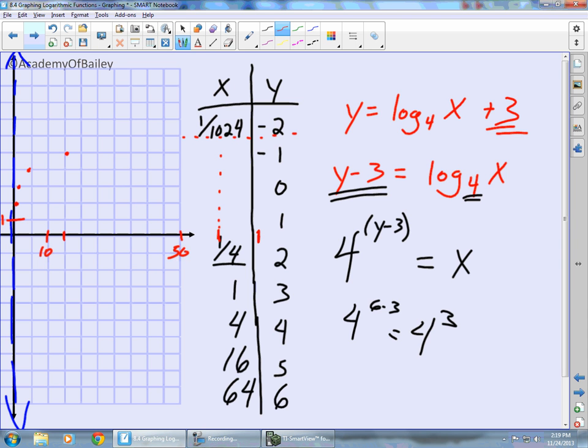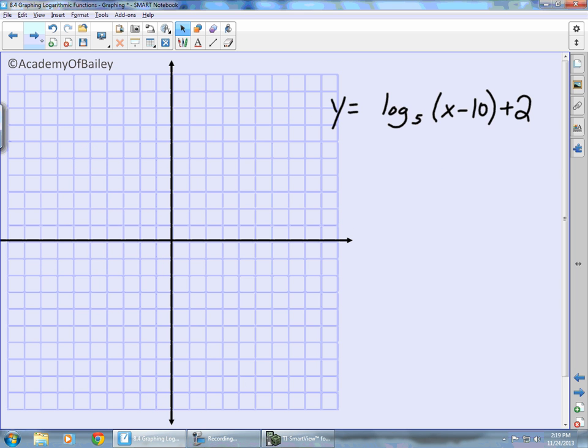Here would be 60. Here would be 70. So we know 64 is not halfway between them, but somewhere close, right there. So graphing these like this, it opens up and to the right.